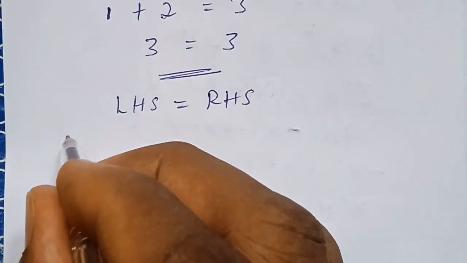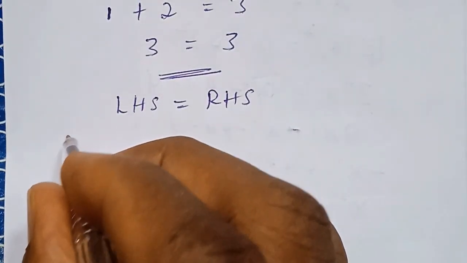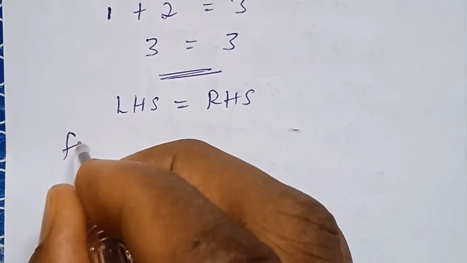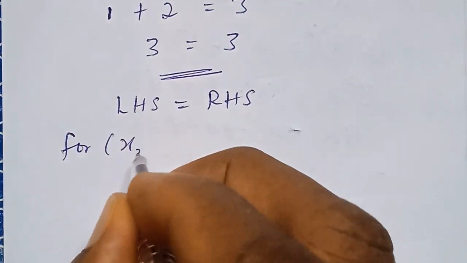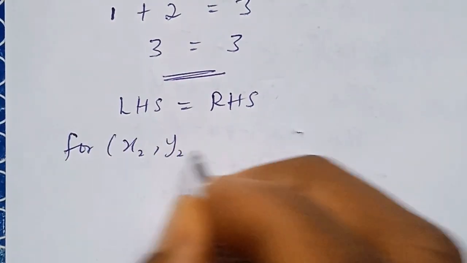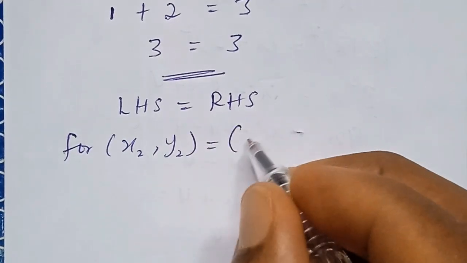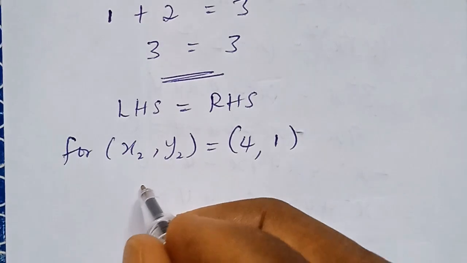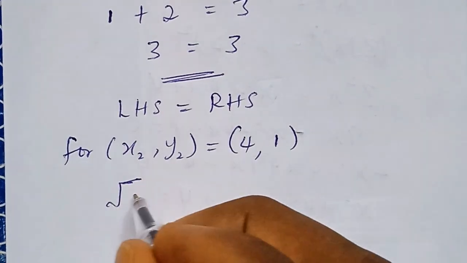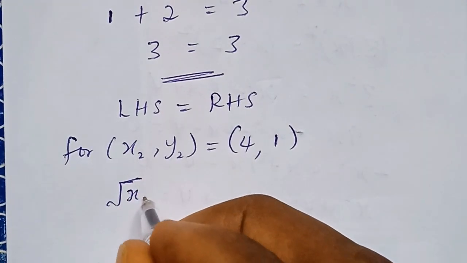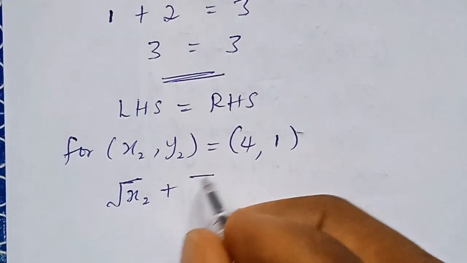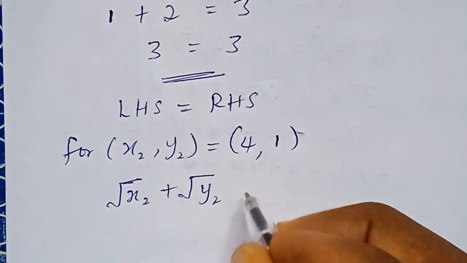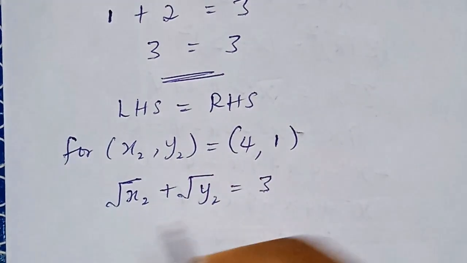For the second pair of values, x2, y2, which is equal to 4, 1, from our equation, square root of x2 plus square root of y2 equal to 3.